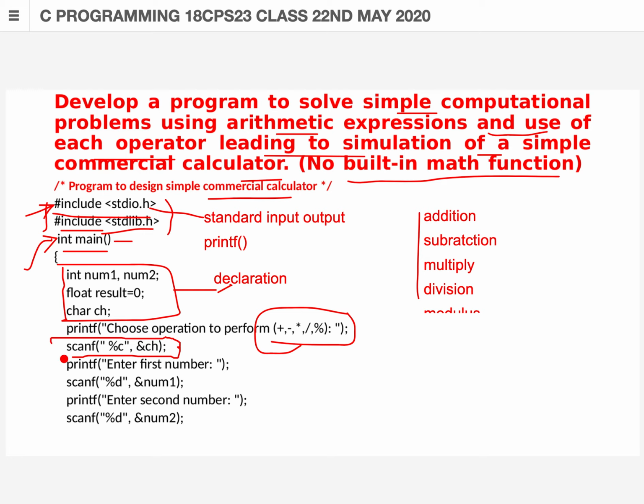The scanf statement is used to read the input, while the printf statement is used to display the output onto the output screen. Scanf reads the data from the user through the keyboard.